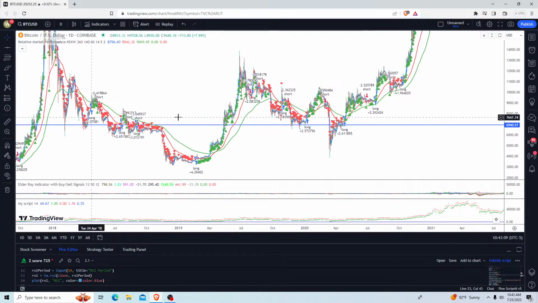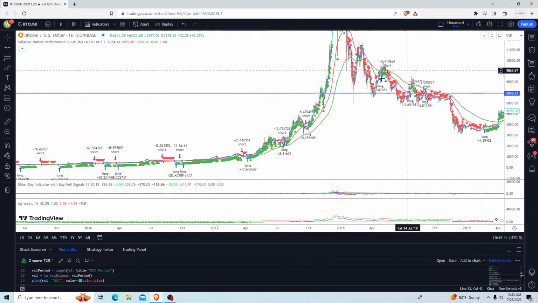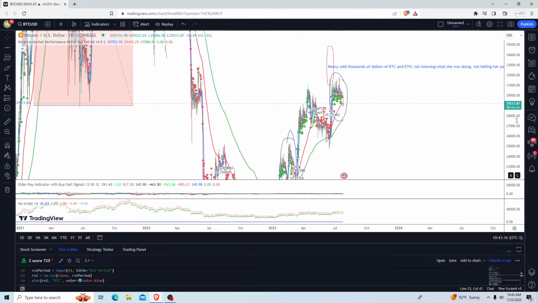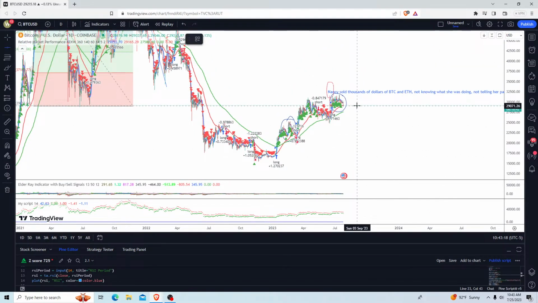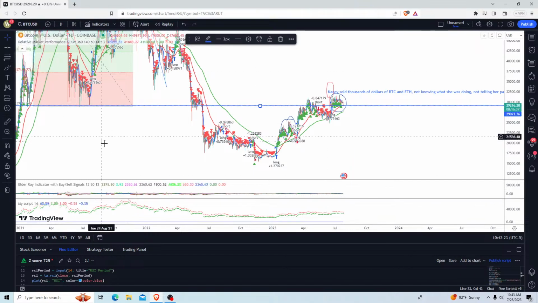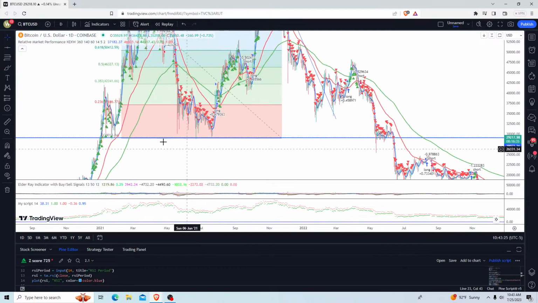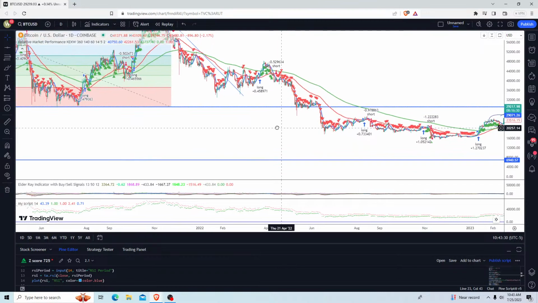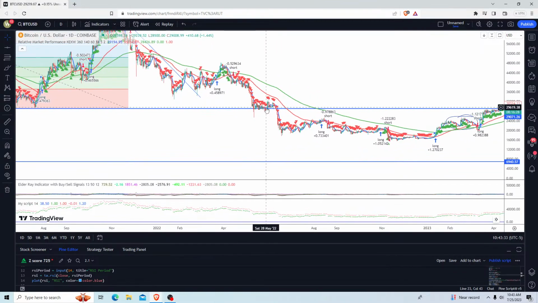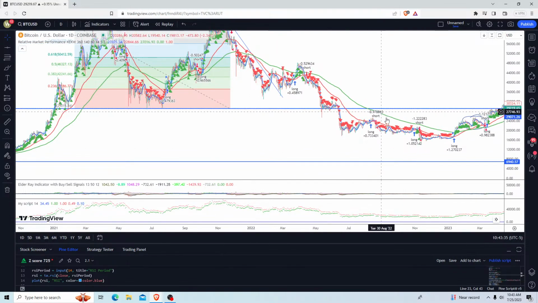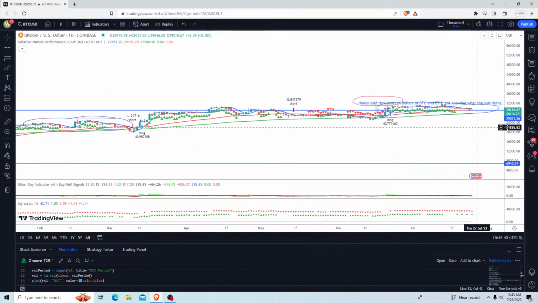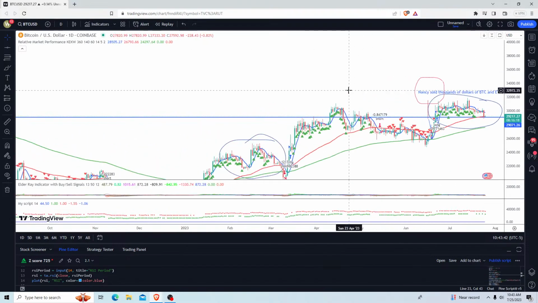Now, look at that. Draw another line right here, where we are right now: 29,000. Same thing. Very clear support level. It turned into resistance, but now it's checking out above it.